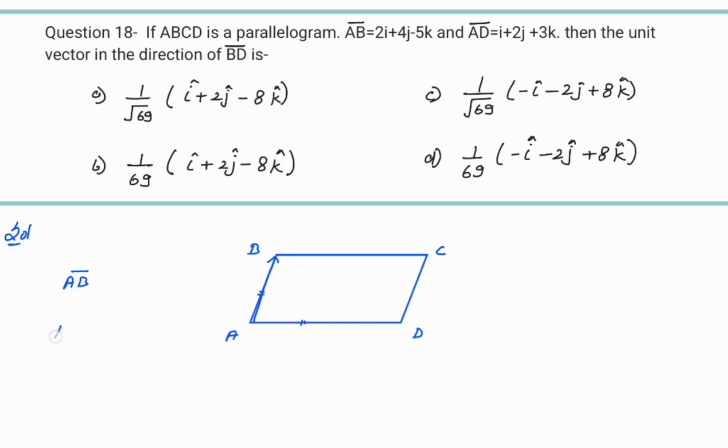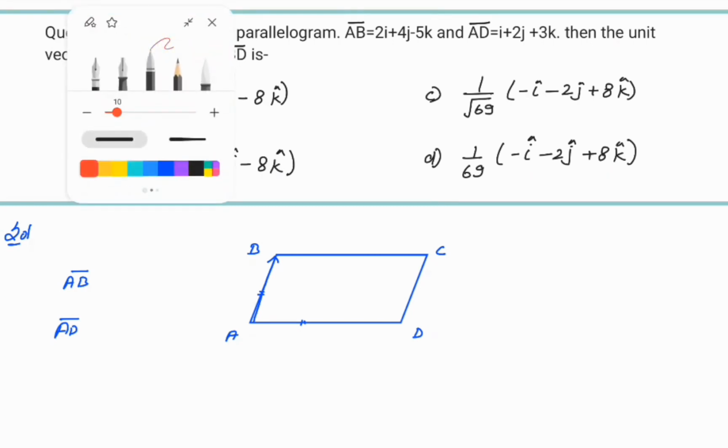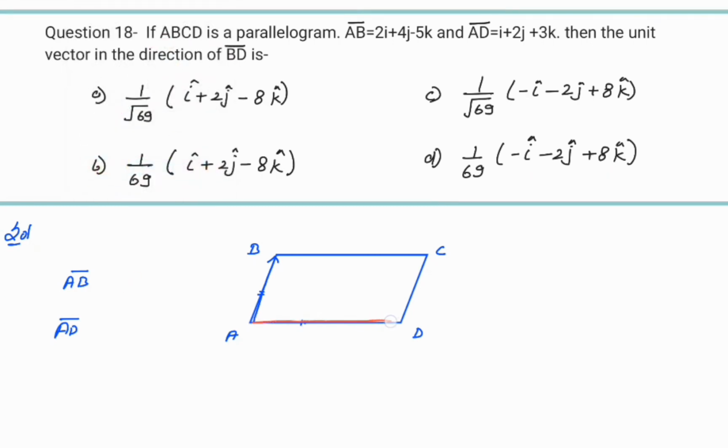Similarly, vector AD is given. It means A is the initial point and D is the final point. This is vector AD. Okay. What is asked? It is asked vector BD. This vector they have asked.